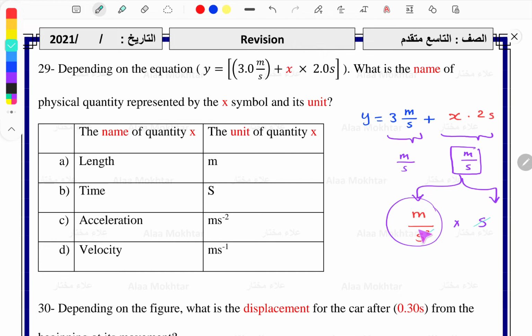This unit is for what? Exactly, this unit is for acceleration. Our answer will be acceleration, and the unit is meter times second to the negative 2, or meter per second square. They are the same.